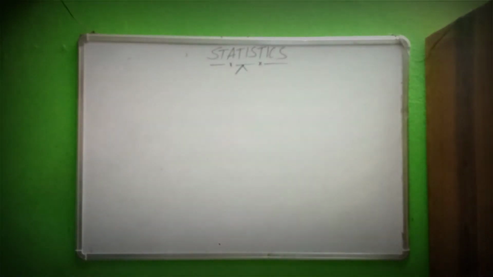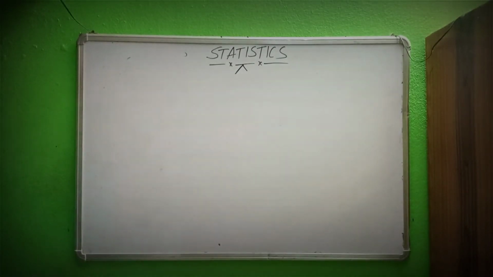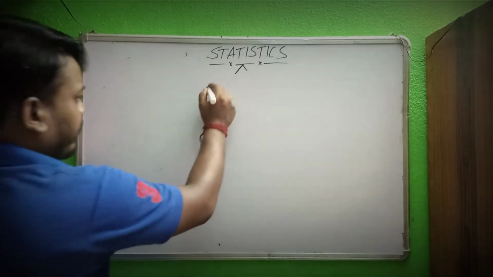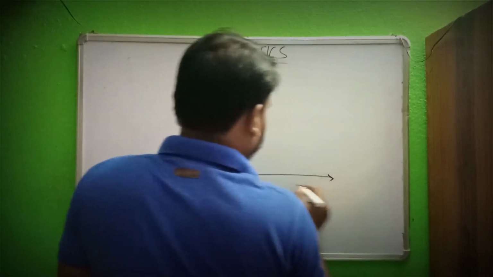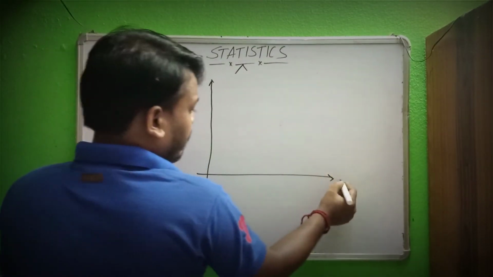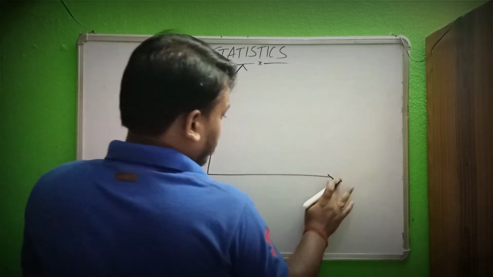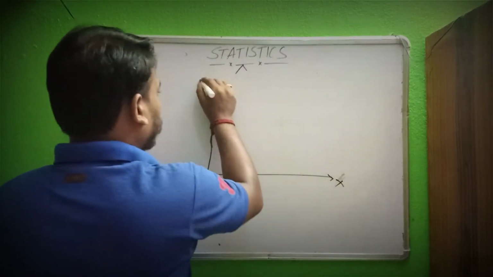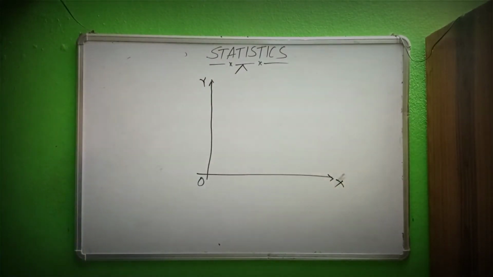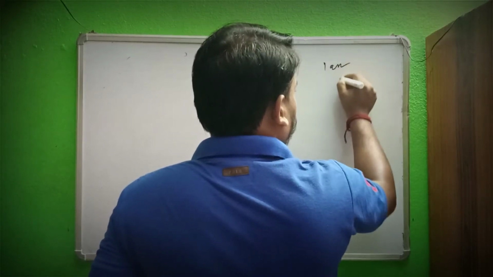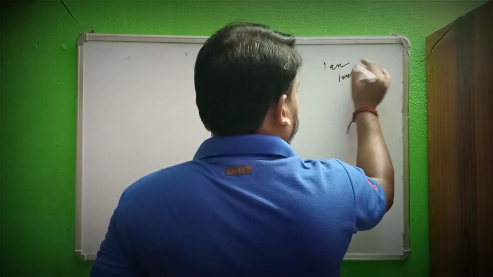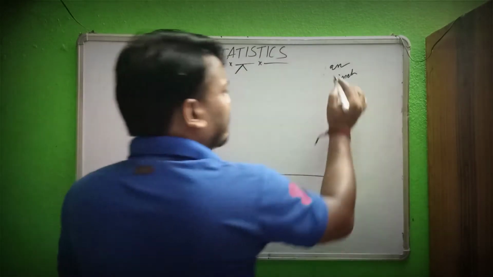Everyone knows how to draw the bar graph. First we need to draw a rectangular axis, or the first quadrant of the coordinate axis. It is OX and OY. If you draw a bar graph, two types of graph paper are there: centimeter graph and inch graph. Both are similar.